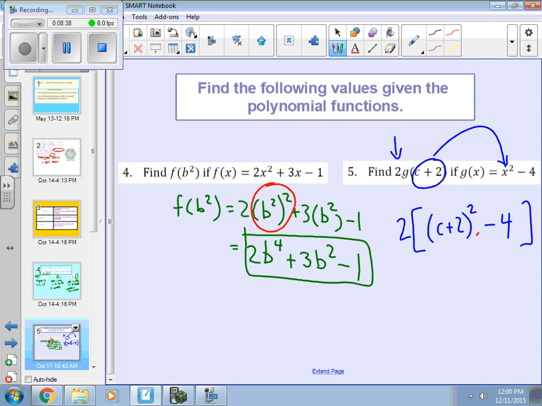Okay, think about what it means when you take something squared. When you square something, there's 2 of them. So what this means is we got c plus 2 times another c plus 2. We're going to have to go through and multiply it out this way by distributing, or use that FOIL method to get the answer, because there's more stuff than just c squared plus 4 there.